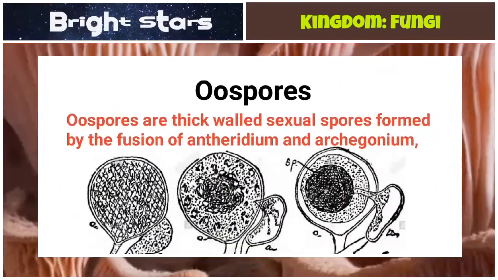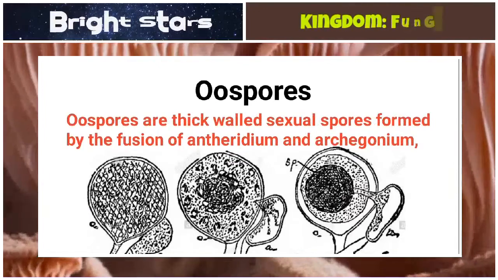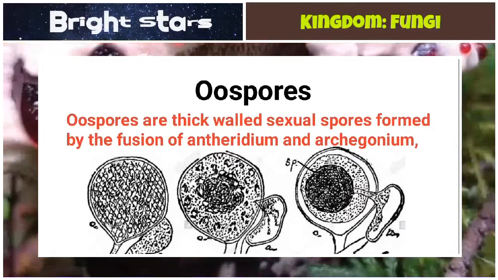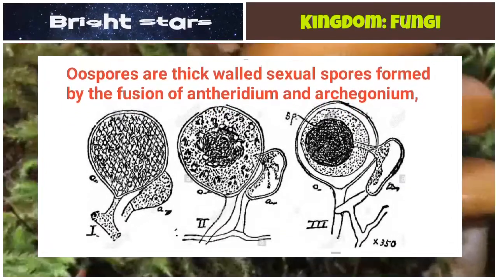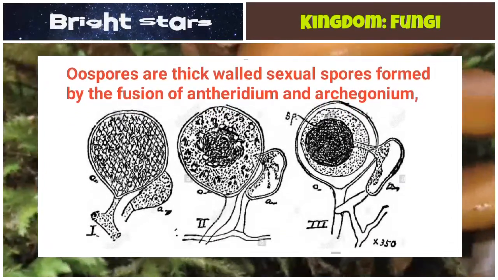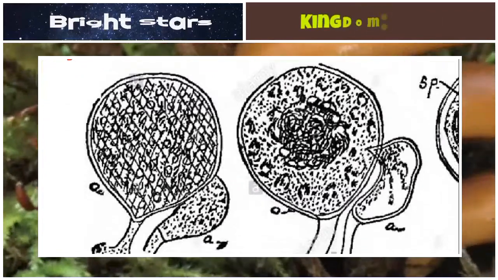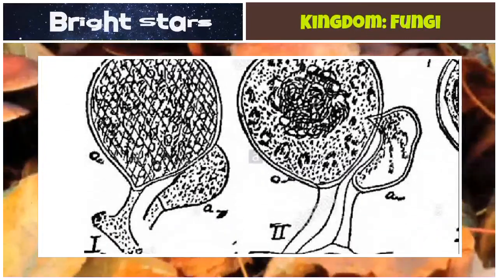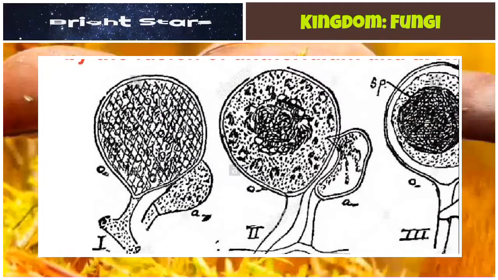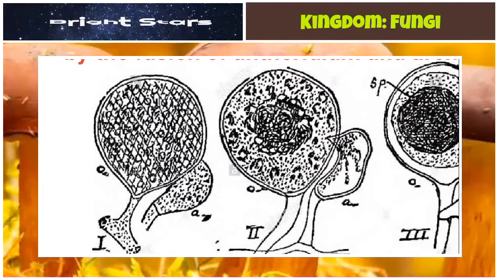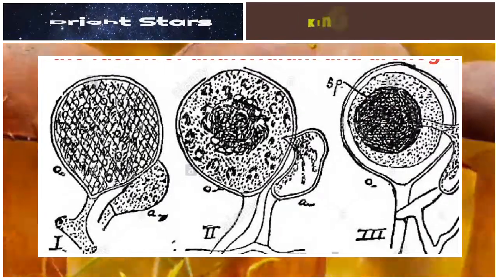Oospores are thick-walled sexual spores formed by the fusion of antheridium and archegonium. So in the case of Rhizopus, see the bigger structure. The bigger structure is called archegonium. The smaller one is antheridium. The smaller one is male and the bigger one is the female. They come together during gametangial contact.